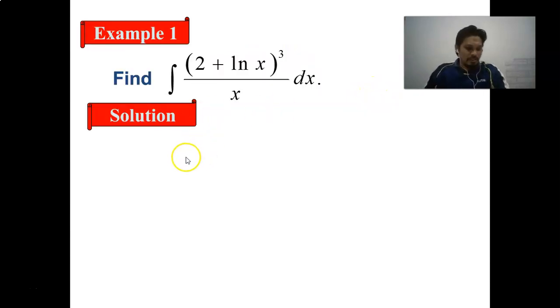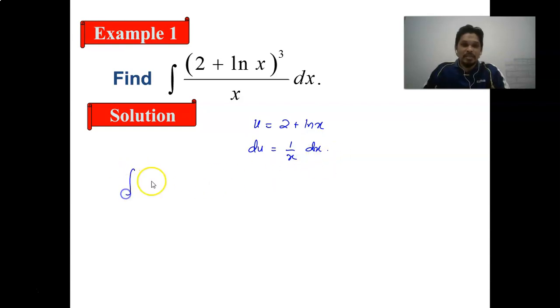So just imagine that here we make u equal to 2 plus natural log of x. Then du equals the derivative of 2, which is 0, plus the derivative of ln x, which is 1 over x dx.